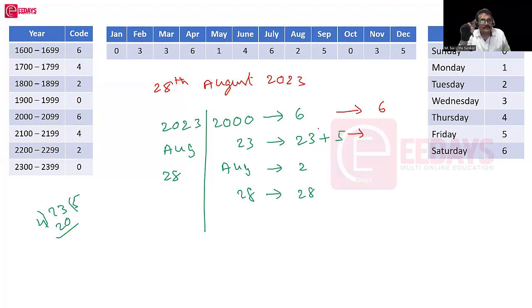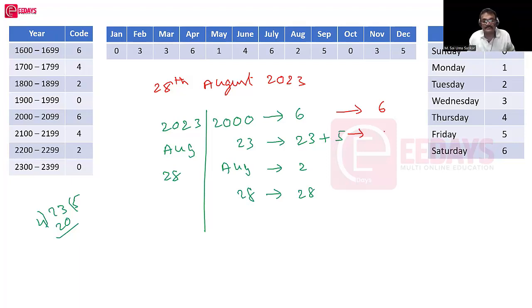If the given number is more than 7, again you divide that number with 7. If the given number is less than 7, just straight away write down as it is. Here 23 plus 5, 28. So that number is more than 7. That's why you need to divide that 28 with 7.